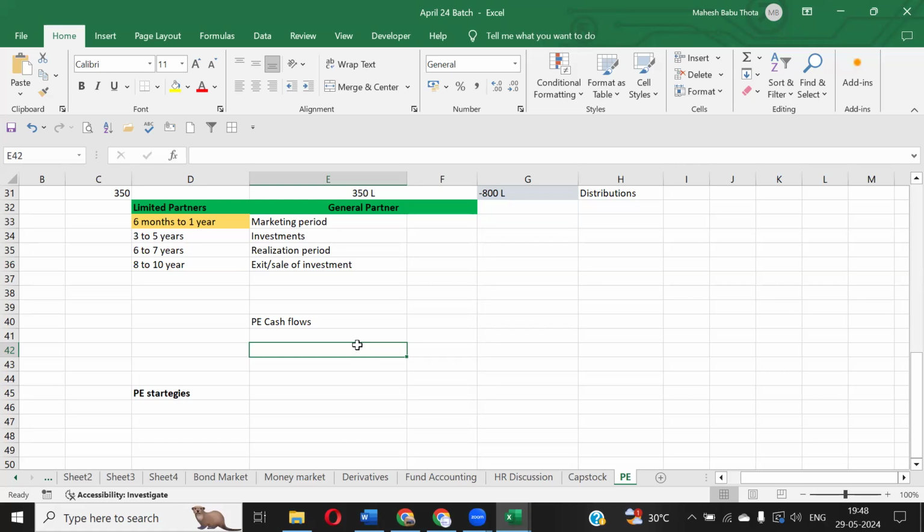Let's have Lakshman answer this question. Who is the limited partner? Who is the general partner?